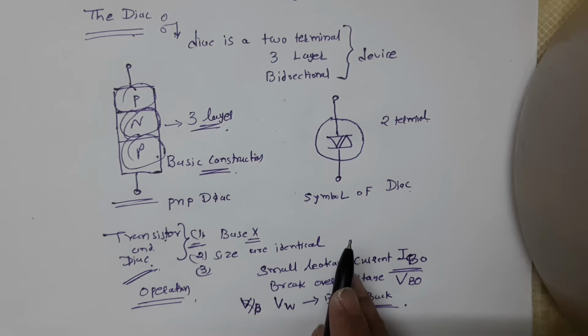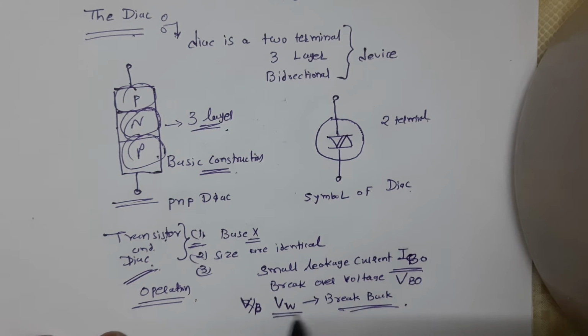That means the current through the device increases with the decreasing value of the applied voltage. Generally, when we increase the voltage, current increases, but here on decreasing the voltage the current increases. The voltage across the device then drops to the break voltage. This is our break voltage VW.